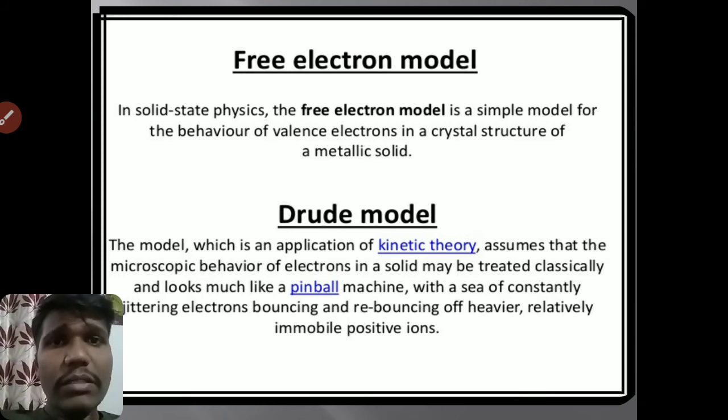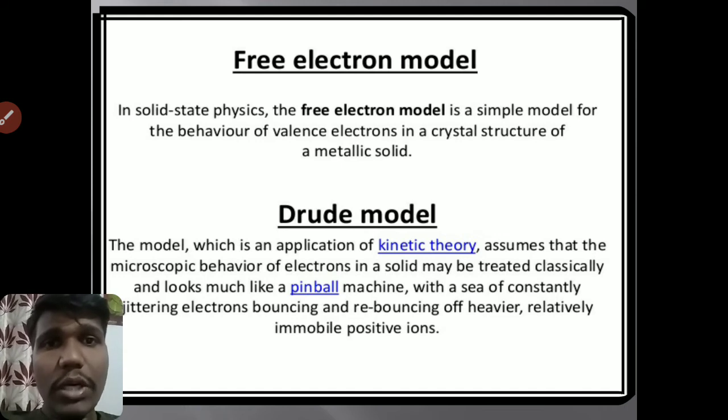Some scientists discovered various concepts of the free electron model, but the main point is that thermal conductivity and electrical conductivity obey the free electron theory of metals, using the Drude model.